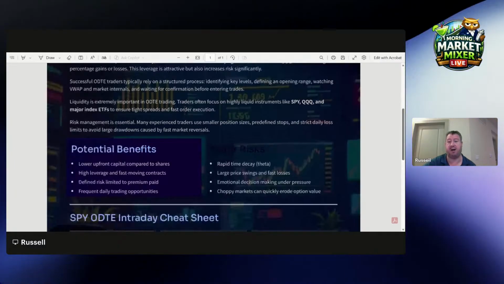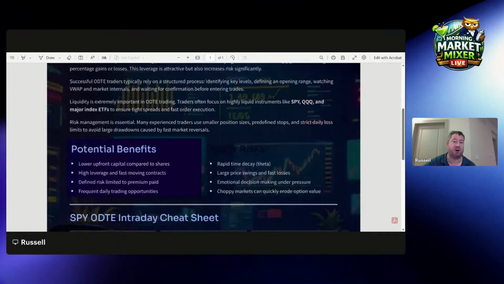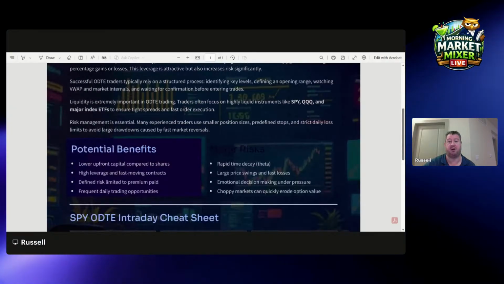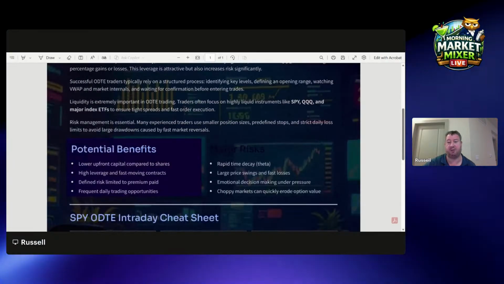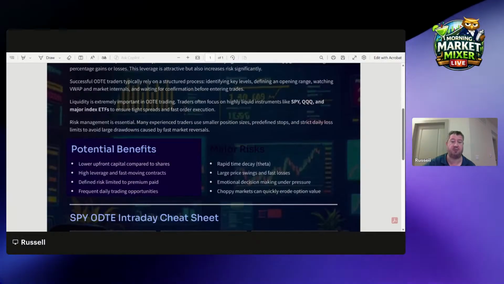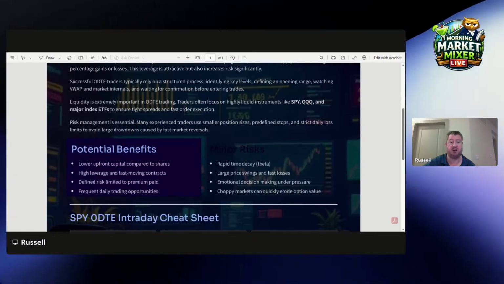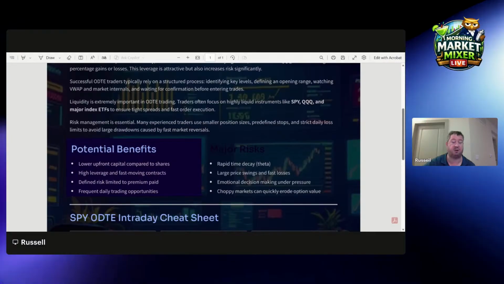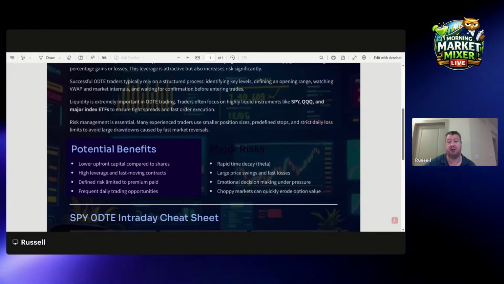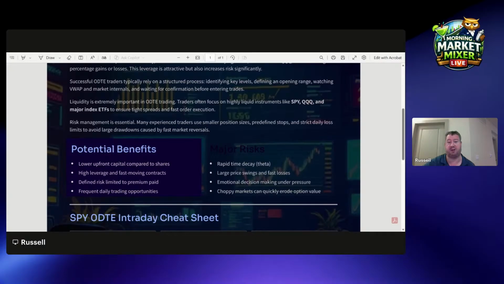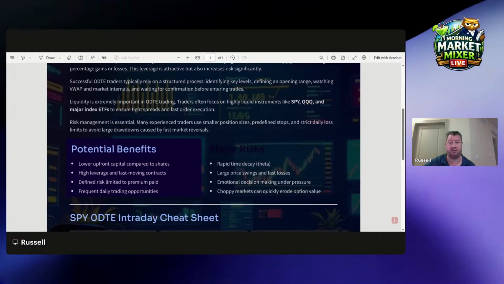We want to look for VWAP, make sure that we know what's going on in the market, that there's no crazy news coming out, no earnings, anything like that, no economic data that we should be worried about, because that can help the trade go either way, whether it's against you or for you. And we want to trade because there's tight spreads and fast order execution.